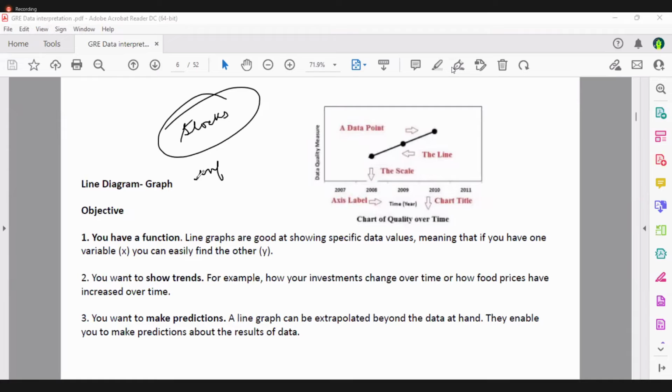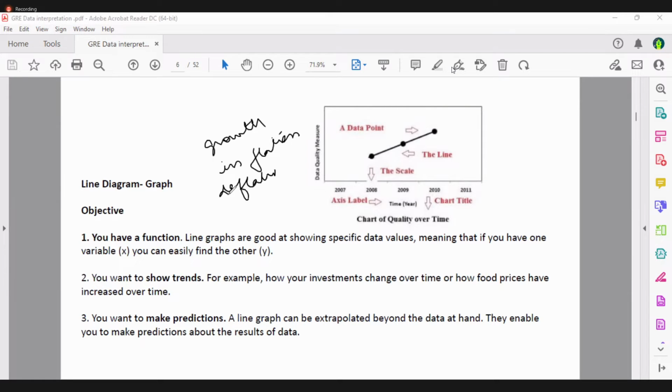It shows us the growth of something, the inflation of something, and also the deflation of something, depending upon what you are asking. So if we are talking about an increase of stock price, it is good because we are earning more profit.